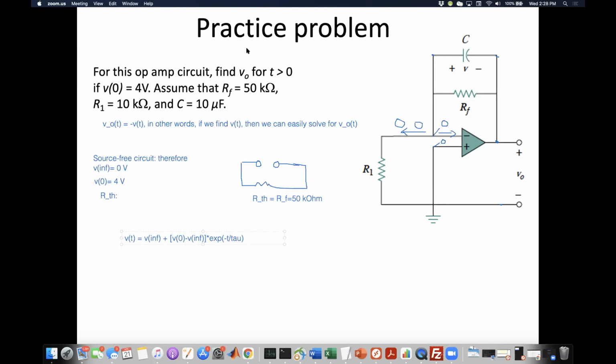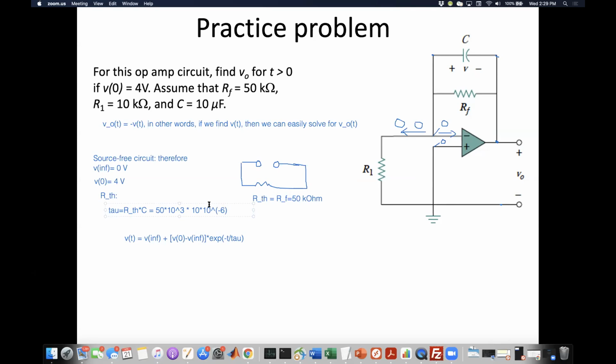And I should have also said that tau equals R_Th times C, which is 50 times 10 to the 3 times 10 times 10 to the minus 6. And the reason we allow calculators on the finals is because you're going to need them. I'm not saying that just to ease your mind.